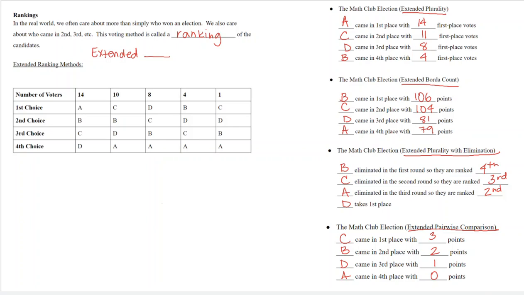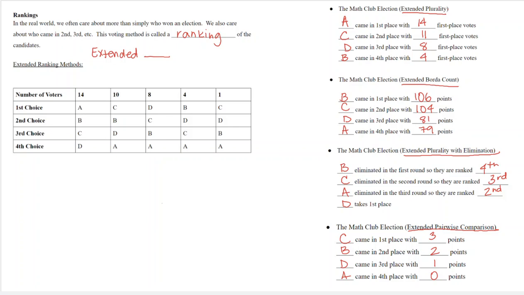Now, you can see that all 4 of these voting methods give us different rankings. So, which one is best? Well, as we've seen, all of them have their flaws.